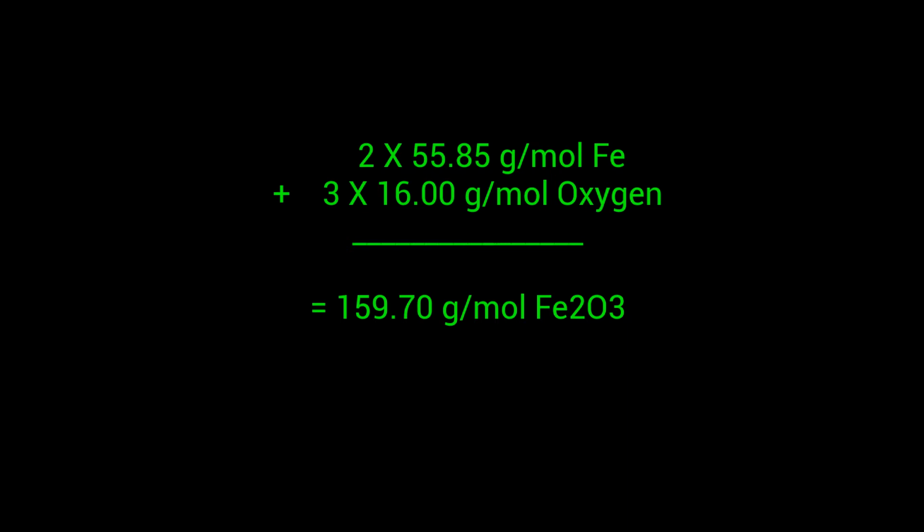So I looked on the periodic table and found the mass of iron to be 55.85 grams. There were 2 irons, so I multiplied by 2. And then I added the 3 times 16, the molar mass of oxygen, which gave me 48. I added that all up, and it gave me 159.70 grams per mole of iron(III) oxide. That's the molar mass for iron(III) oxide.